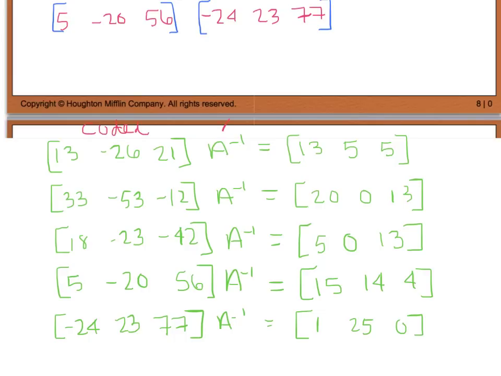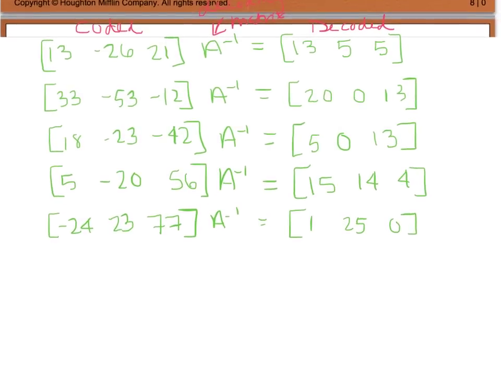Now, right here, I have a coded matrix. The inverse is known as the decoding matrix. Okay, and that's really just your inverse of A. And then that's going to produce a decoded matrix.